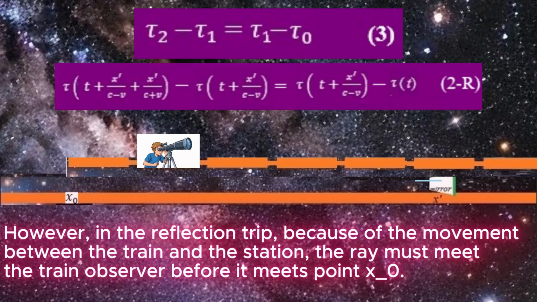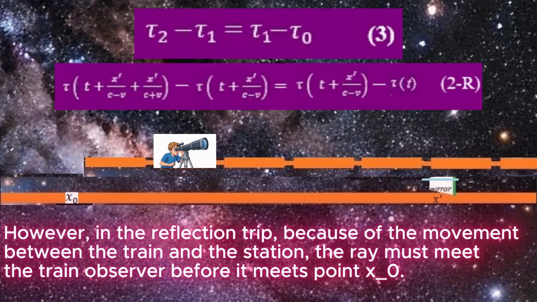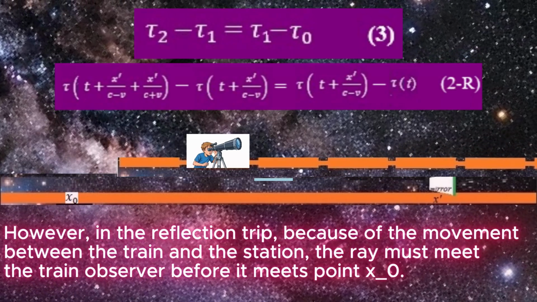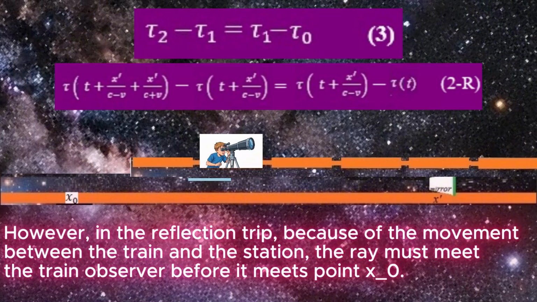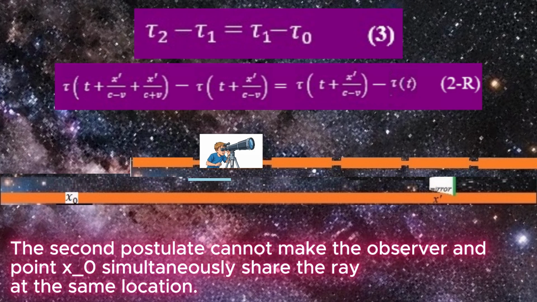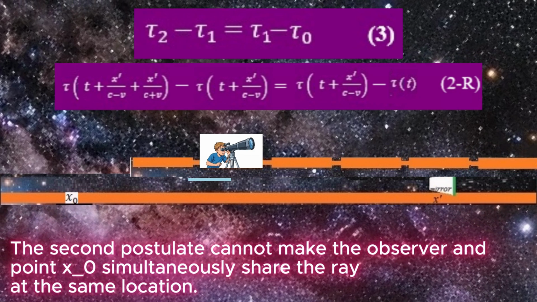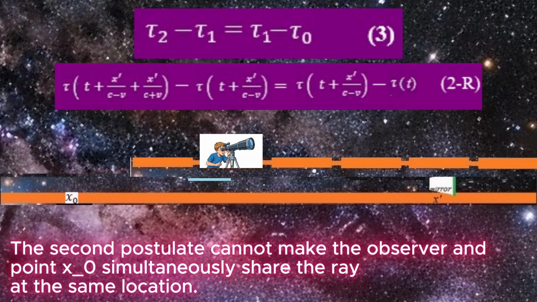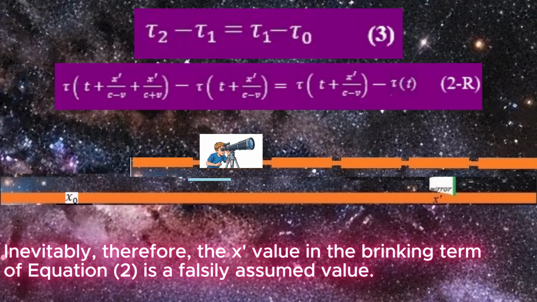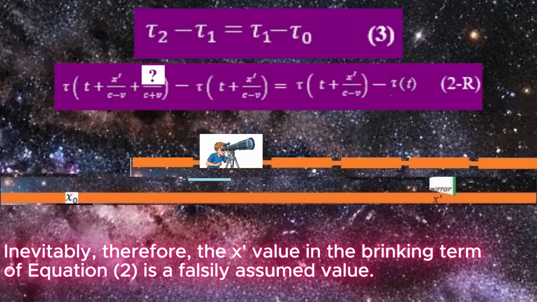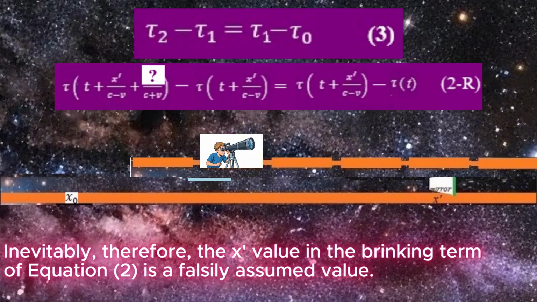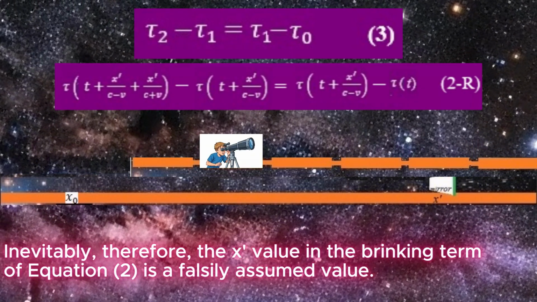However, in the reflection trip, because of the movement between the train and the station, the ray must meet the train observer before it meets point x0. The second postulate cannot make the observer and point x0 simultaneously share the ray at the same location. Inevitably, therefore, the x prime value in the breaking term of equation 2 is a falsely assumed value.